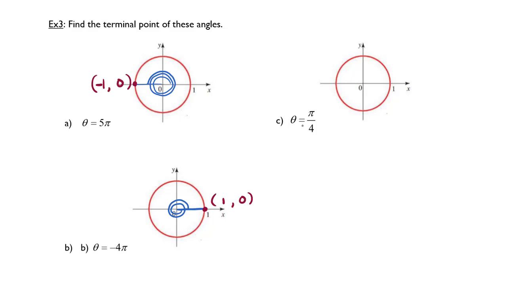Lastly, I have theta equals pi over 4. I know that pi over 2 is at 90 degrees, so pi over 4 would be 45 degrees. So my terminal side is in the first quadrant. My terminal point is at exactly the coordinate √2 over 2, comma √2 over 2.